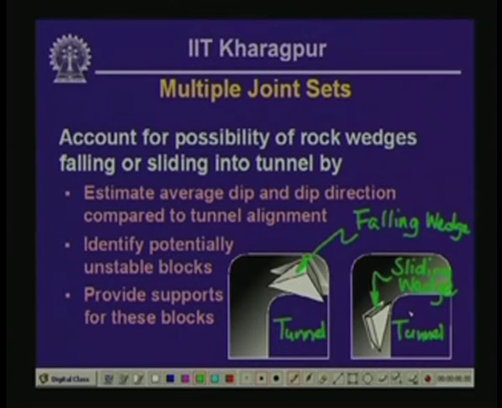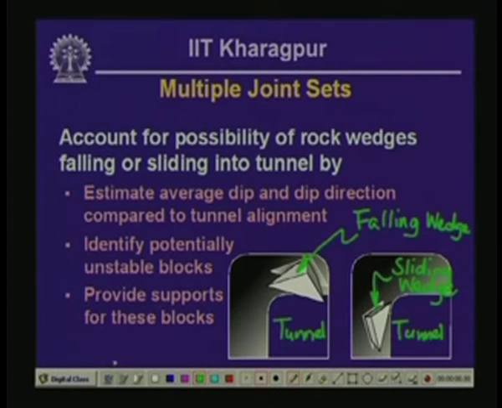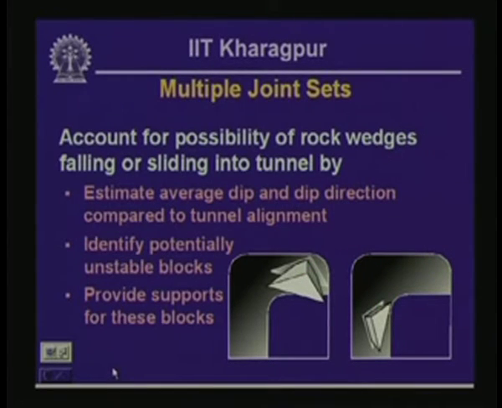And then finally, if you find that in some cases you have got the problem of possible instability involving a falling wedge or sliding wedge, then you have to support these potentially unstable wedges.